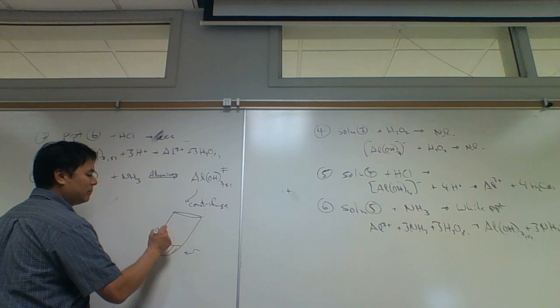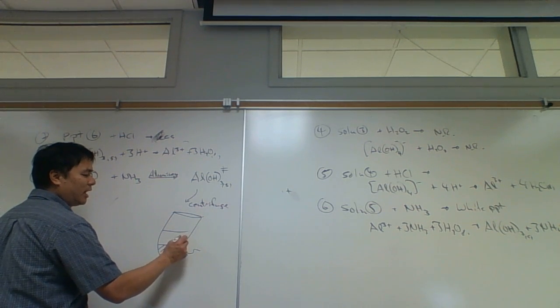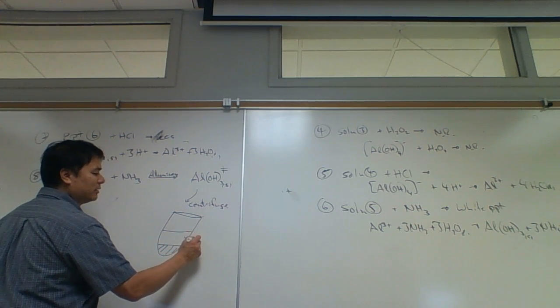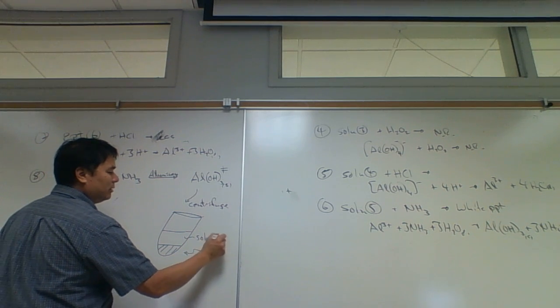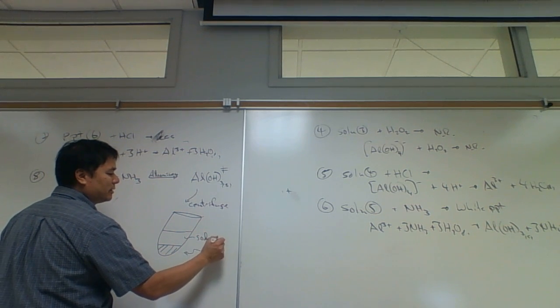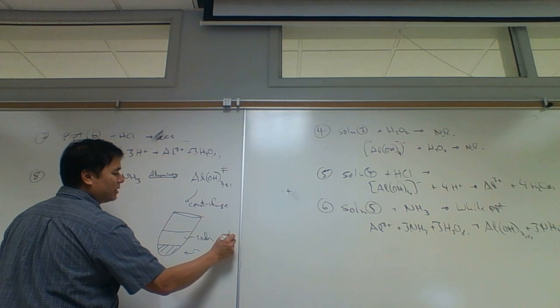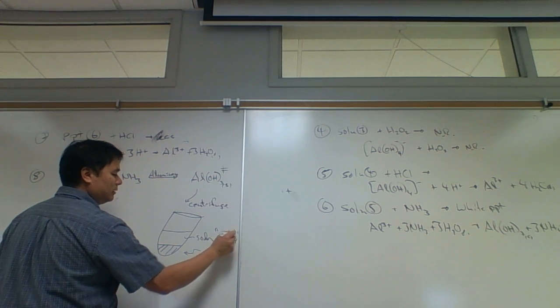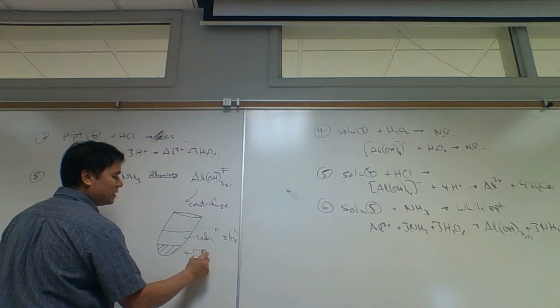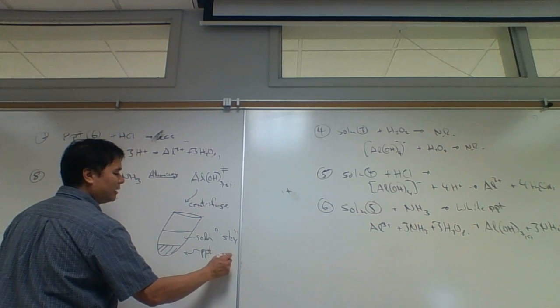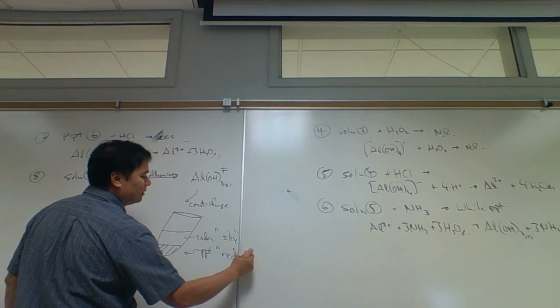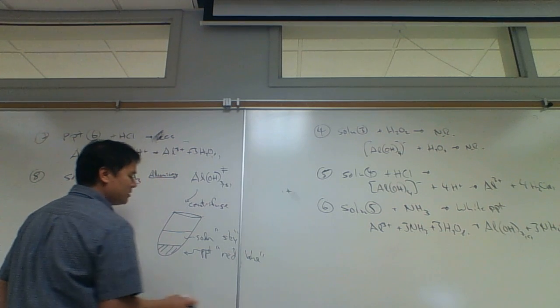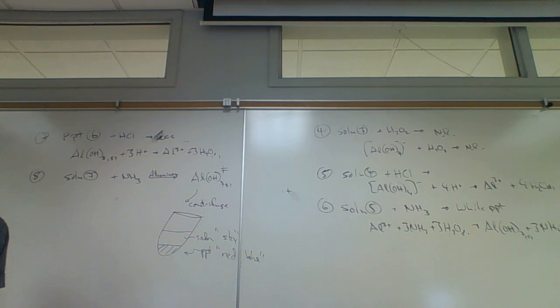It looks like a red lake because the water above looks like the sky, and the precipitate looks like the red lake. So you have this little miniature lake in the test tube, and this is the red lake test.